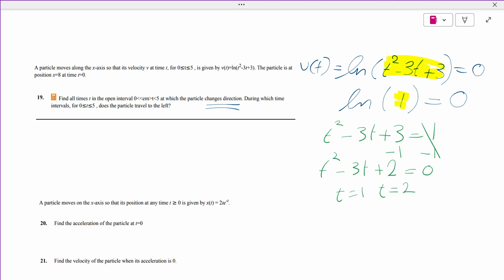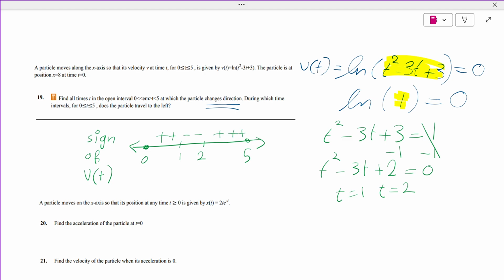Now what's happening to the sign of v of t? We know that we are starting at 0 up to 5. There are 2 t values in between, 1 and 2. You check the sign. If you choose, for example, a value between 0 and 1 and check the sign of v of t, it will be positive and then negative and then what?